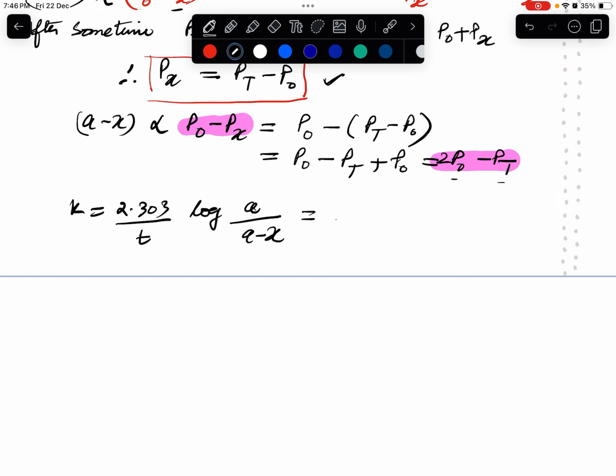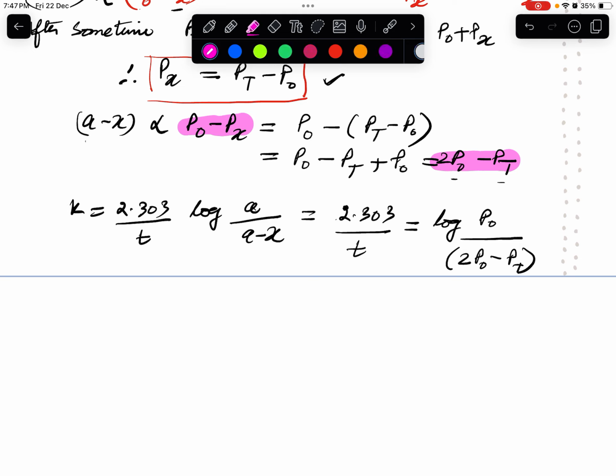So it is 2.303 divided by T log of P naught, initial amount, divided by P naught minus Px, which is A minus X. This is 2P naught minus P total. So we write it here 2P naught minus P total. We have to use this equation for the calculation in all cases.